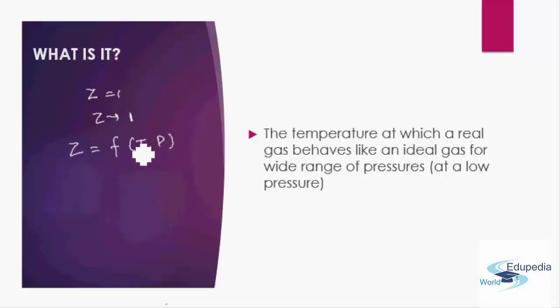If I fix the temperature to some value and only vary pressure, since temperature is constant now, Z will depend only on pressure. So if I keep on varying pressure, then Z values will keep on changing.